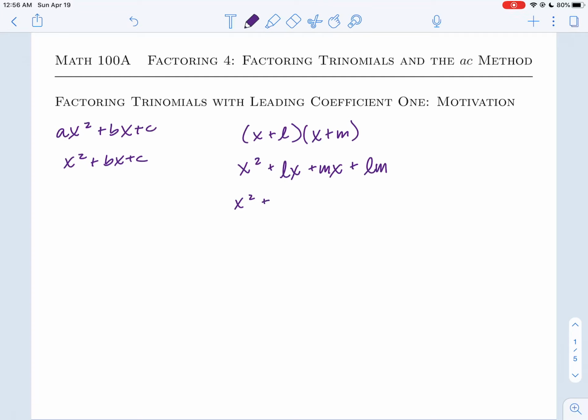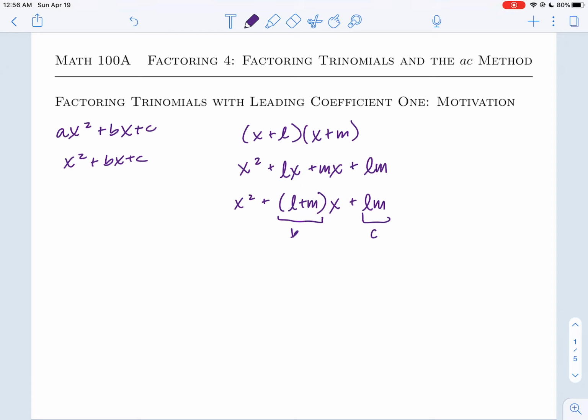It's going to leave me with x squared plus the quantity L plus M times x, and still plus that LM on the outside. So now I've written it like this. We can actually see this L plus M here, that's the same as my b term. That L times M, that's the same as my c term.